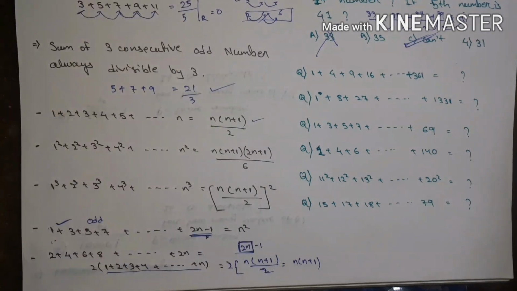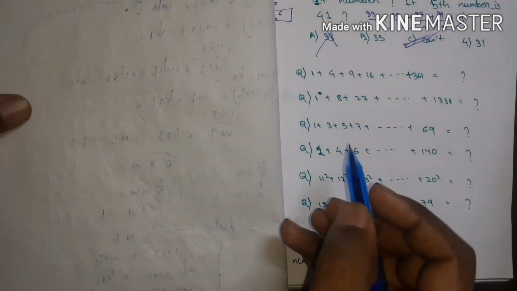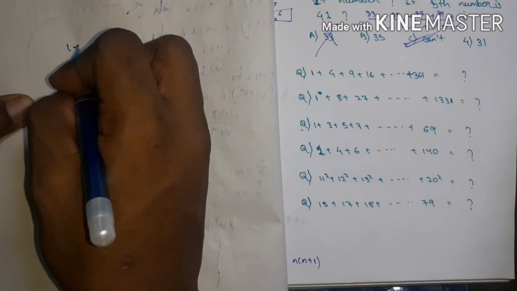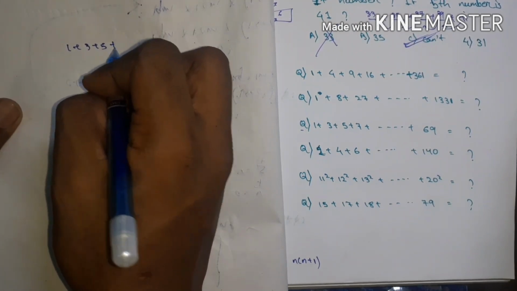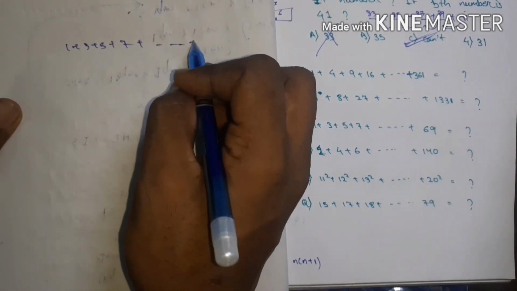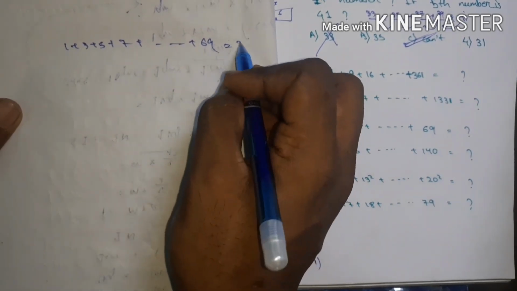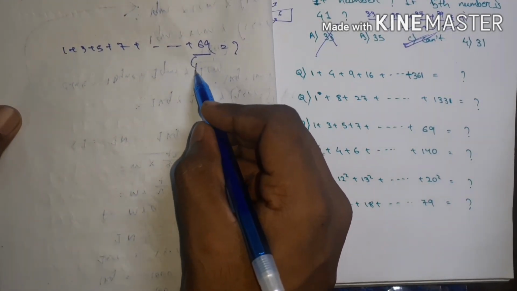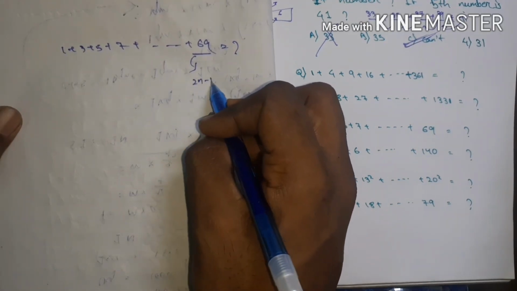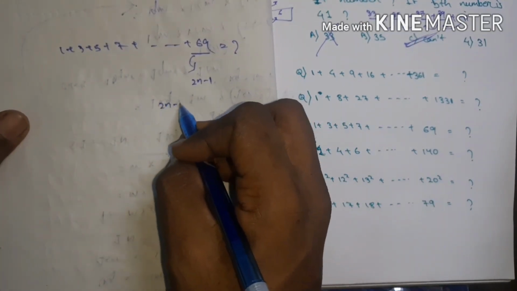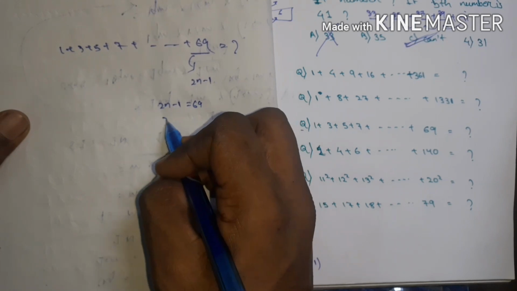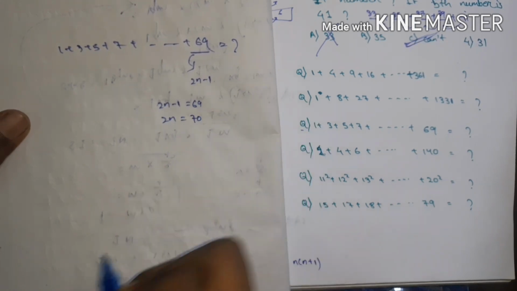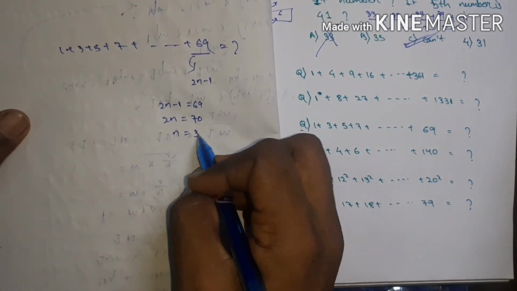Listen. This question: 1 plus 3 plus 5 plus 7 plus dot dot 69. What will be your answer? 69. Which place is 69? It is the place of 2n minus 1. Then 2n minus 1 equal to 69. 2n equal to 70. n equal to 35.